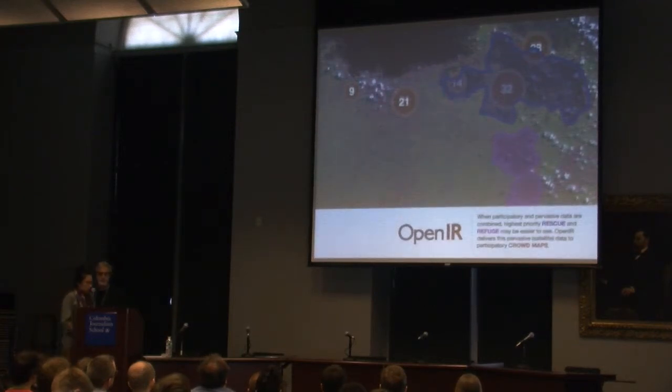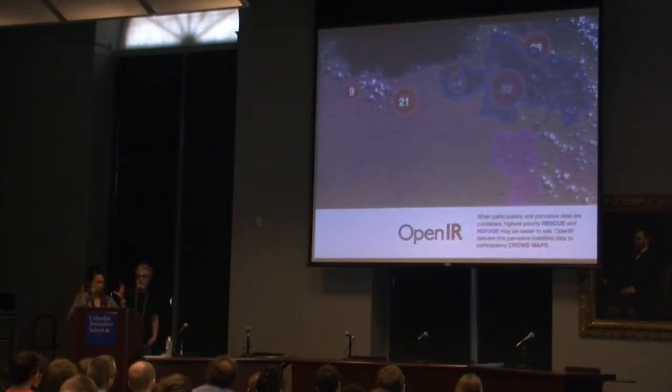We're also thinking about how these kinds of tools are useful in the context of journalism, and how the field of journalism sits in the larger ecosystem of information and resource allocation. One way we think of OpenIR in the long term is as bringing priorities to resource allocation.